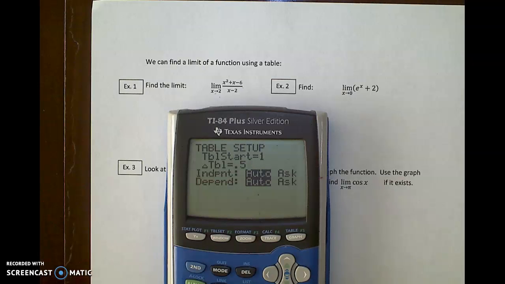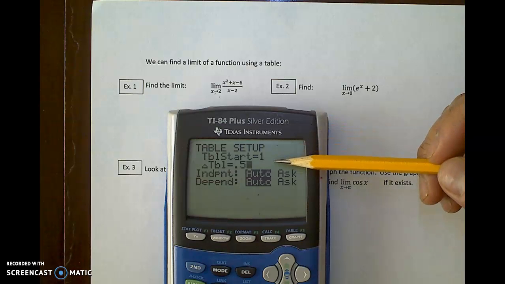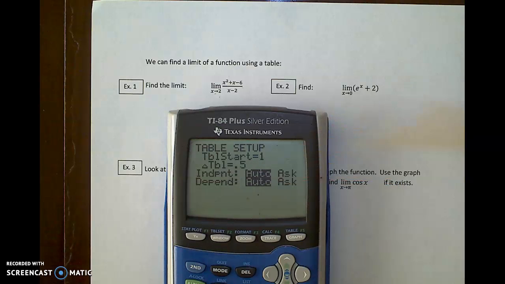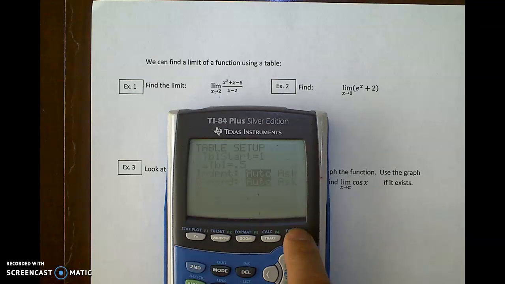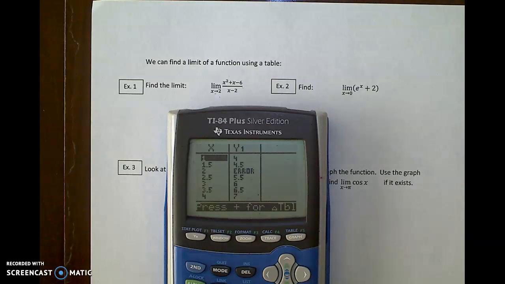So we start our x value at 1 and change it by a half. Then we press second, table, to get the table for this function.